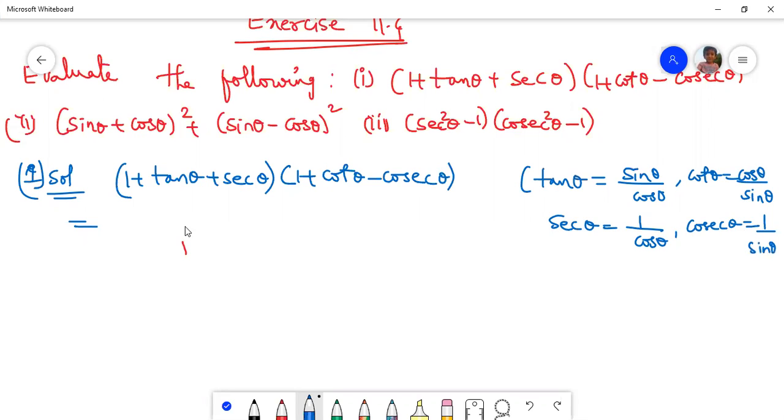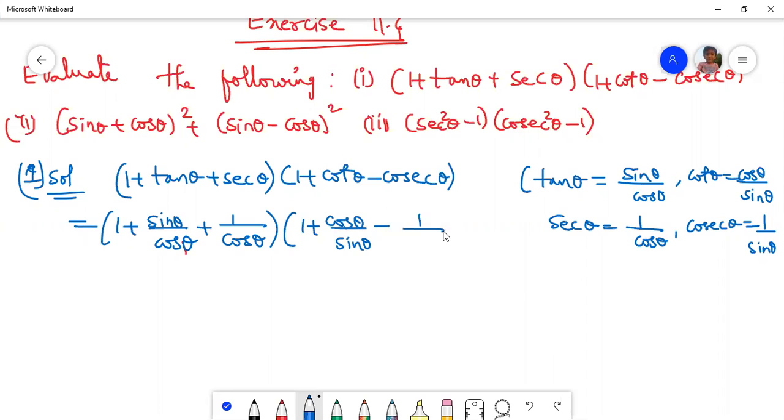Just we can write in this: (1 plus sin theta by cos theta plus 1 by cos theta) into (1 plus cos theta by sin theta minus 1 by sin theta).